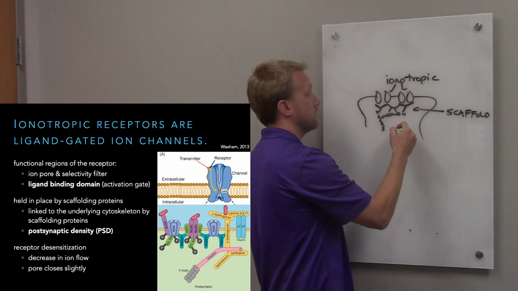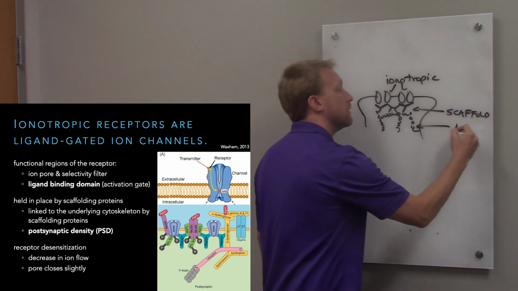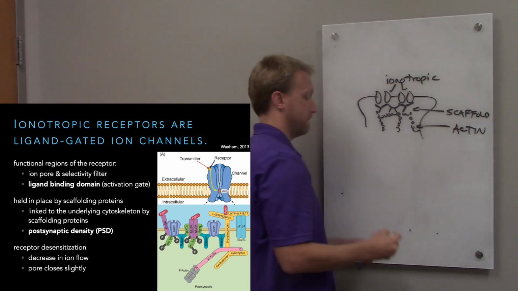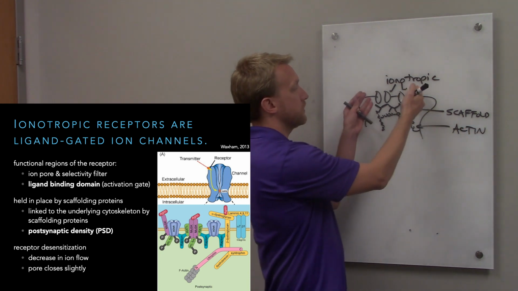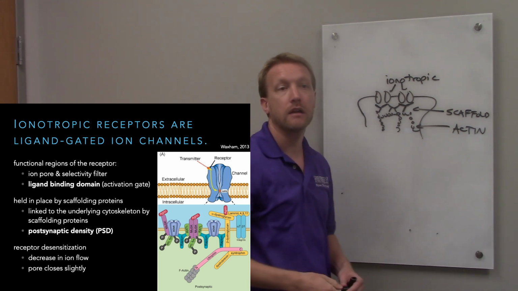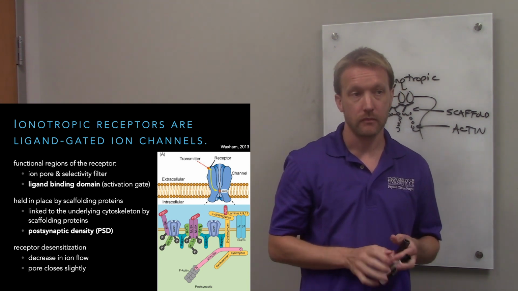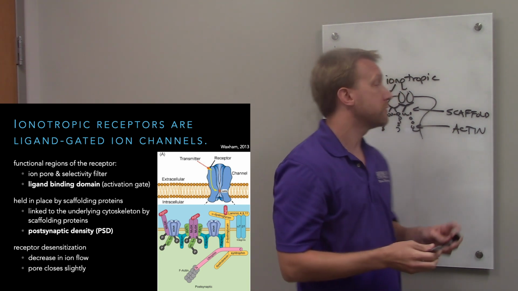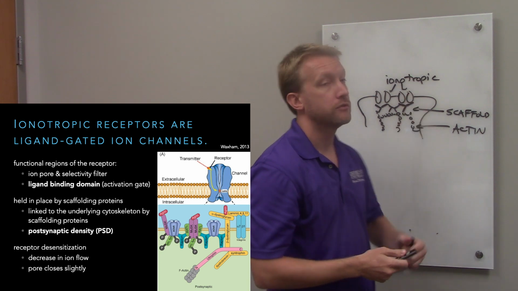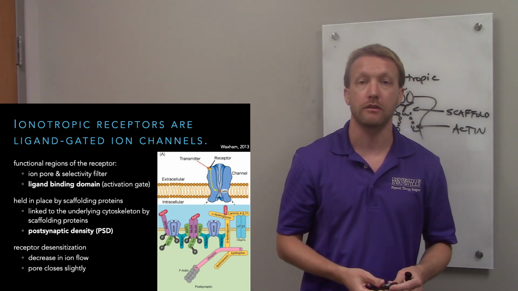In this case, it's going to be a whole bunch of actin. Now we've connected our surface receptor to the internal cytoskeleton, and that's going to provide a little bit of structure and prevent it from moving around. Now the receptors here are going to respond by opening up when ligands bind, generating an ion current.